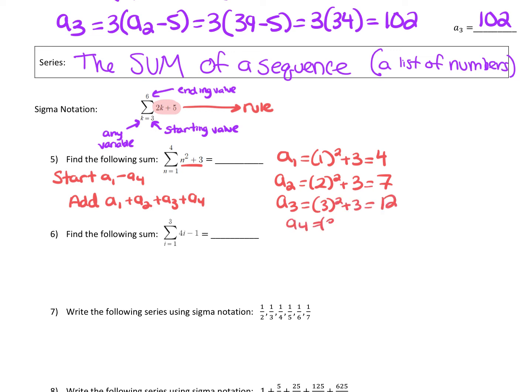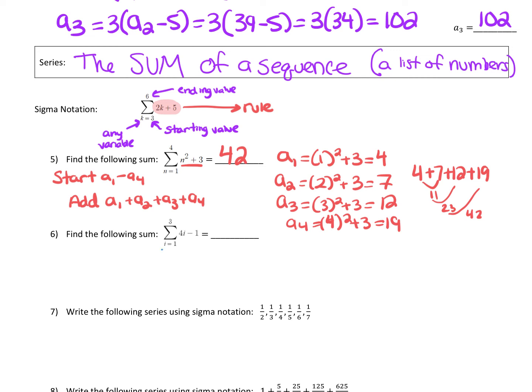And A4 is going to be 4 squared plus 3, which is 19. So if I was finding the series, that means I would sum the sequence. So I would do 4 plus 7, which is 11, plus 12, which is 23, plus 19, which is 42. So the sum is 42.